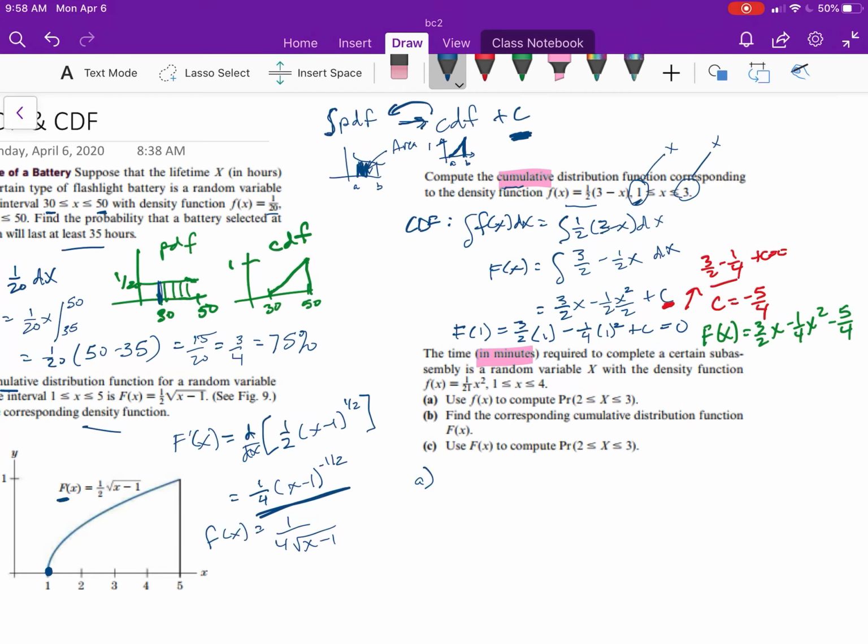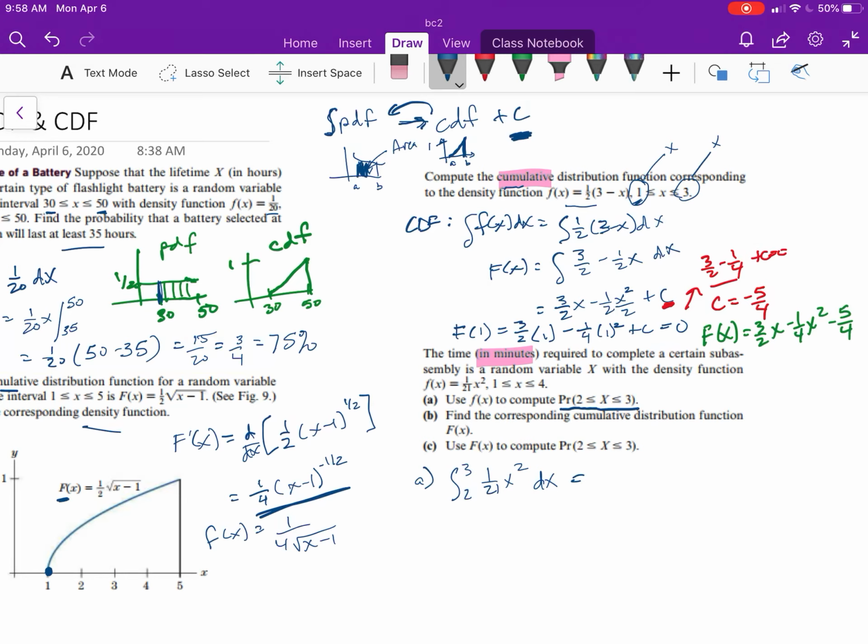So A, we're using f of x, so from 2 to 3, right? The integral of f of x, the probability density function, is equivalent to this.